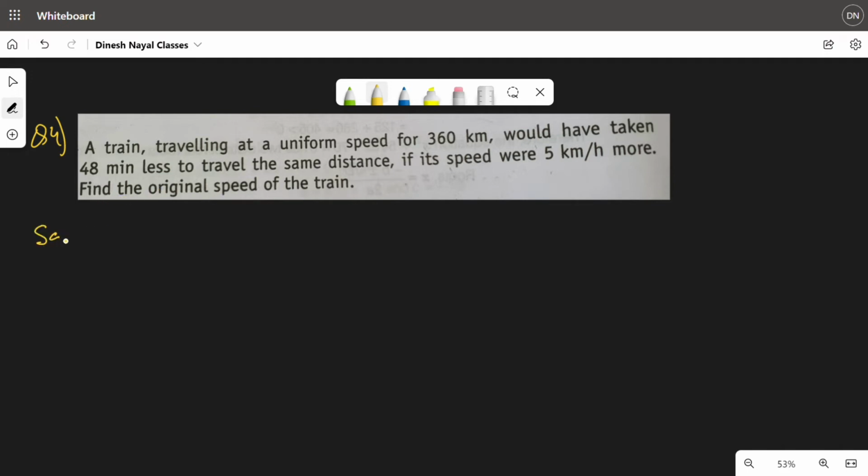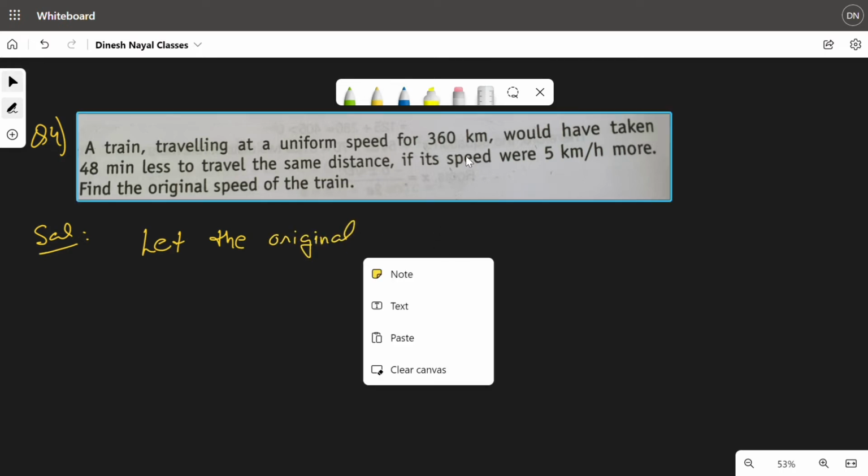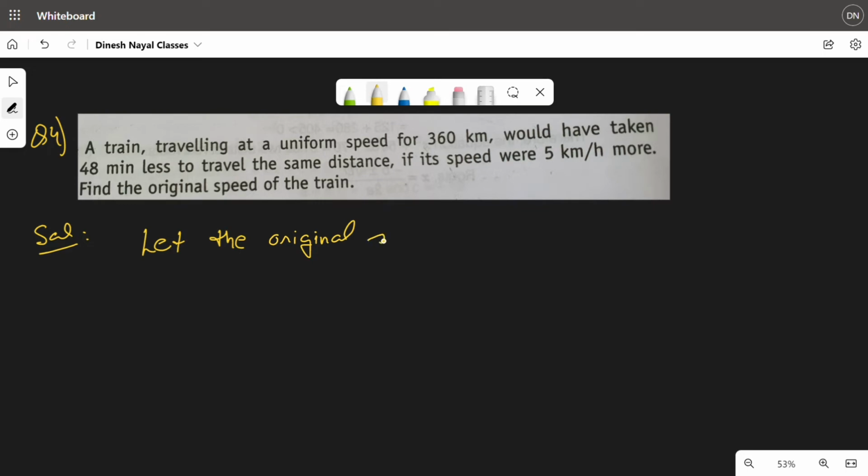So let the original speed of the train be x. Original speed of train equals x km per hour, or we're just writing x.